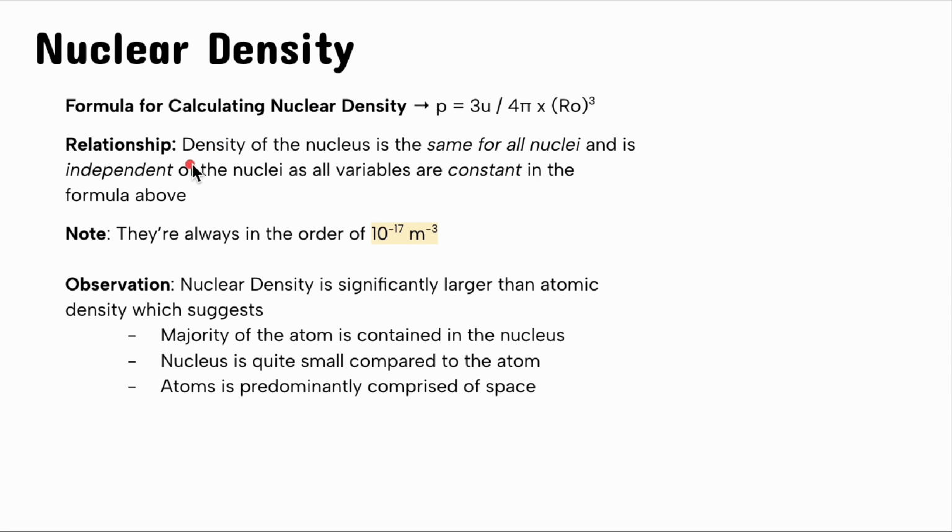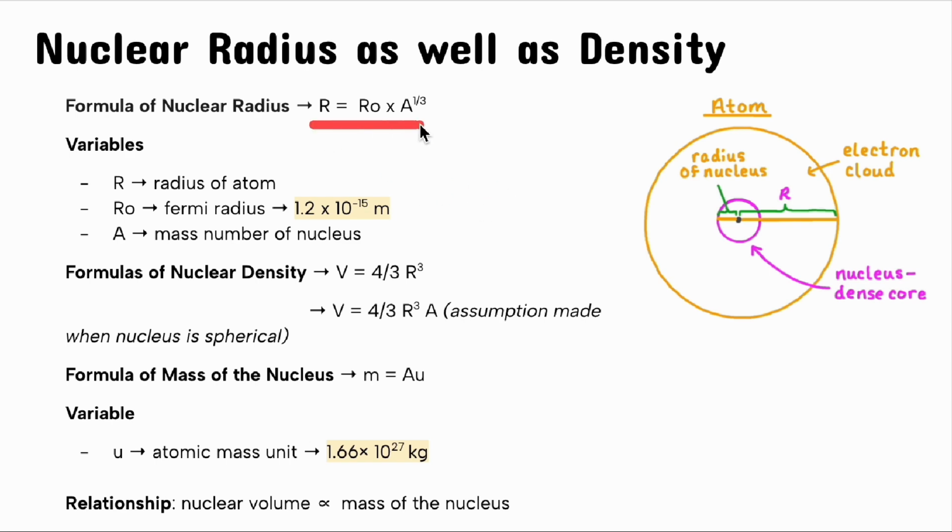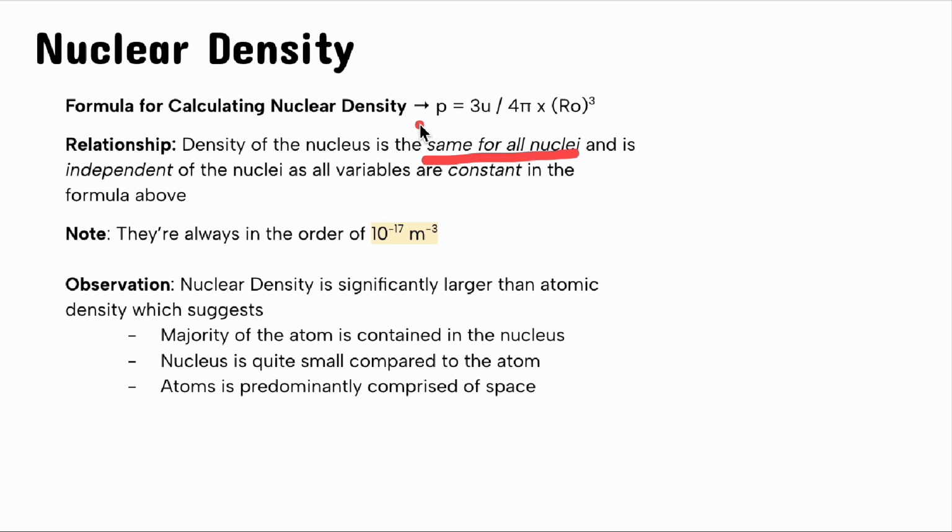The density of the nucleus is the same for all nuclei. And now, here's where I bring up the same point I was talking about over here regarding whether or not this might even be useful for you. So it's the same for all nuclei, as in it's constant. It's the same value for every single atom. And when I mean every single atom, I mean every single atom when it comes to the density of the nucleus.